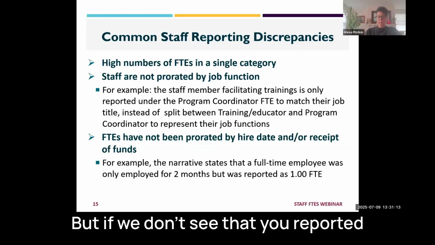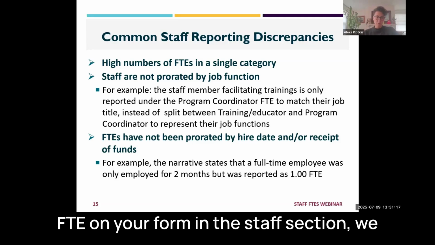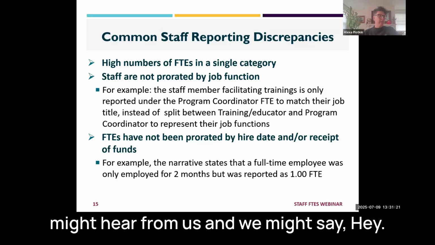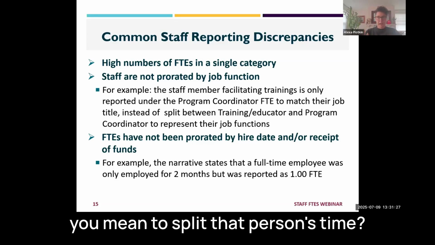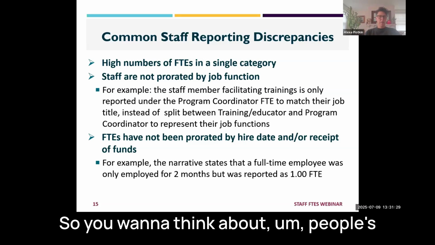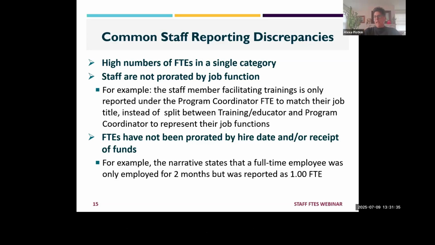But if we don't see that you reported both a program coordinator and a trainer FTE in the staff section, we would look into that, and you might hear from us and we might say, hey, did you mean to do that, or did you mean to split that person's time? So you want to think about people's job functions at your agency as you're reporting them on the form.